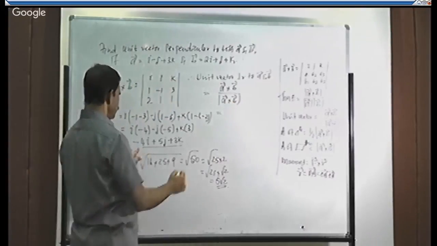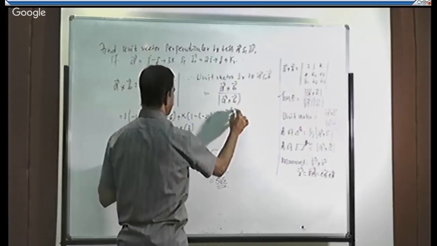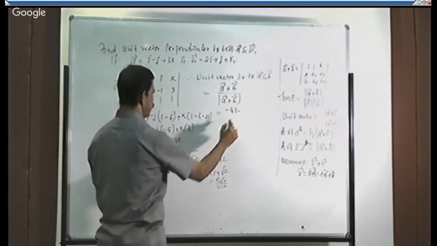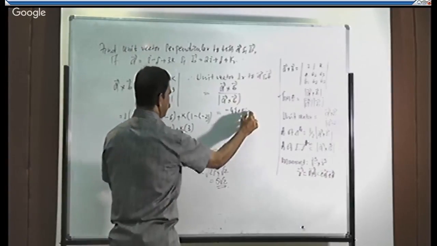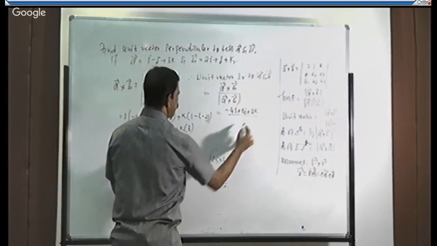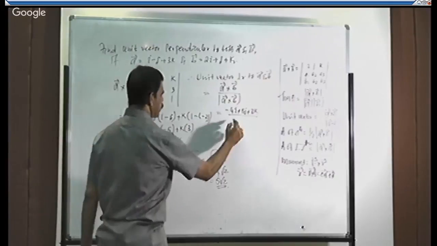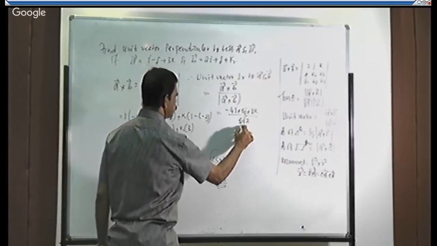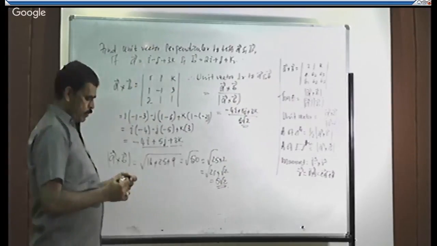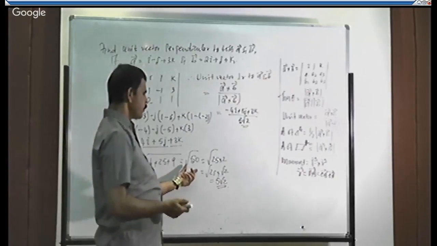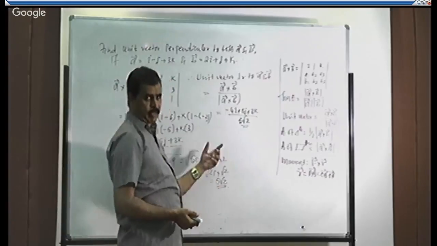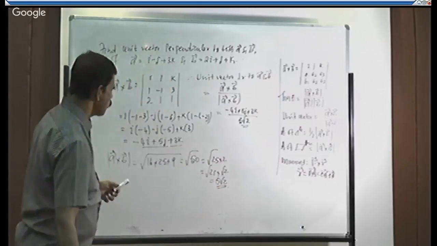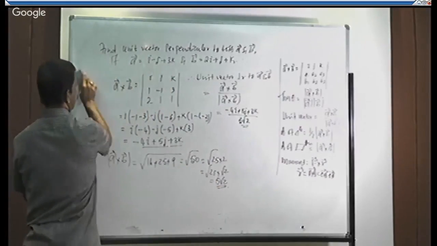It is minus 4i plus 5j plus 3k, all divided by magnitude of A cross B. What is it? It is 5 root 2. We can also write root 50, that's enough. Otherwise, if it is simplifiable, you can simplify it. It makes no difference. Writing root 50 or 5 root 2.